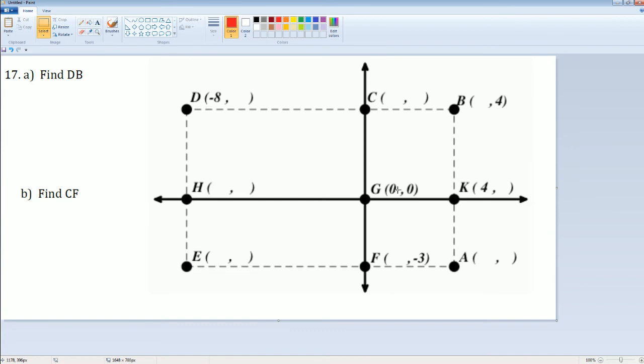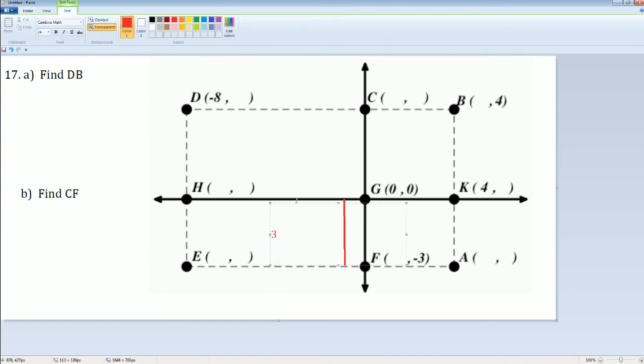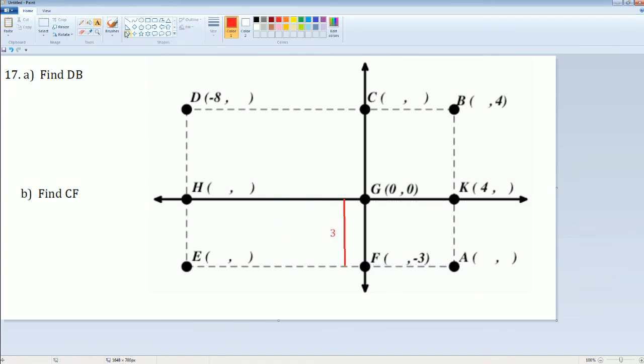Okay, 0, 0. This is going to go down to the value of, looks like it's negative 3, so the distance here is going to be 3. Therefore, what's going to have the value of 3? This is going to have a value of 3. Oh, it's really negative 3, just to let you know. The coordinate is really negative 3.